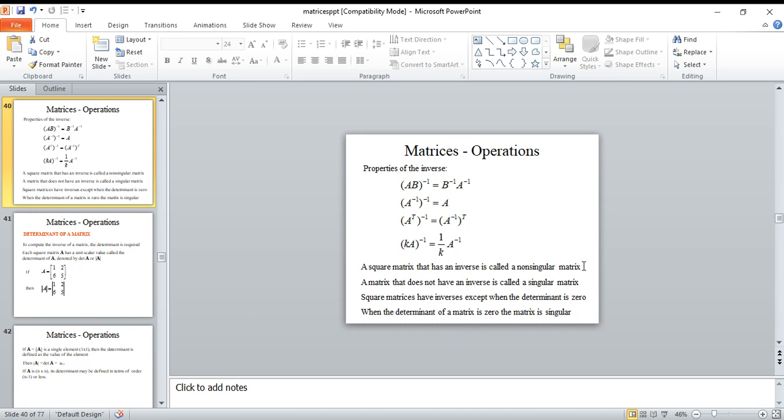A matrix that does not have an inverse is called singular. Totally, a singular matrix has determinant 0, which means no inverse exists.